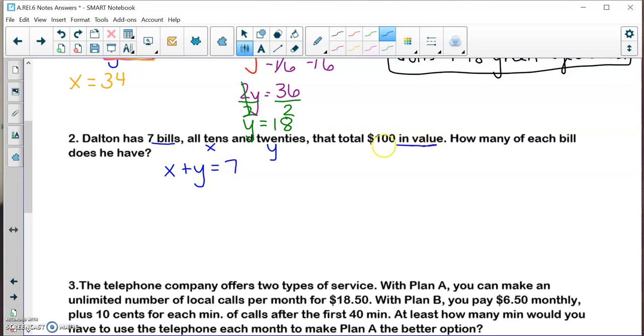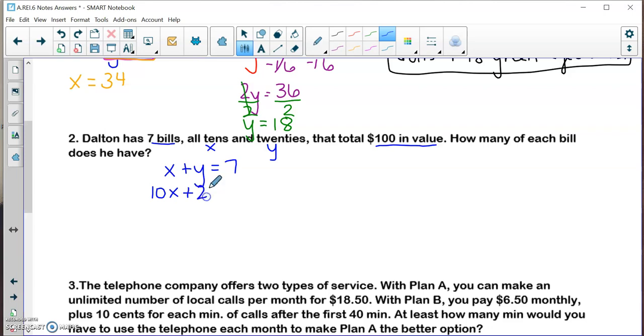Now their total value is 100. The value of a $10 bill is $10. So if I do 10 times the number of $10 bills, that would be how much money I have in $10 bills. I would need to add that to $20 bills have a value of $20.